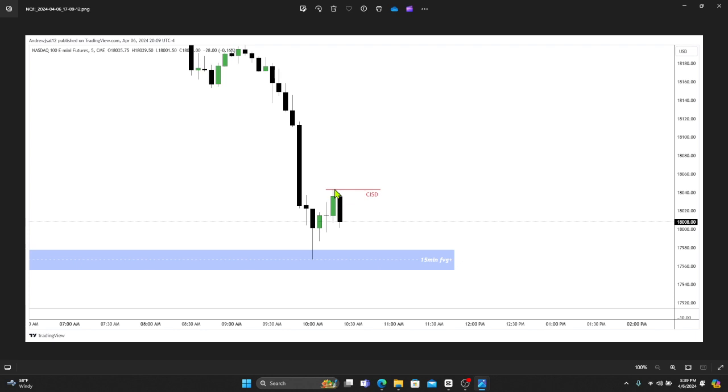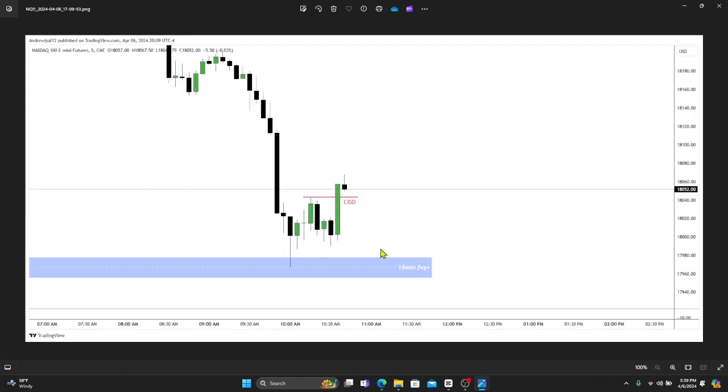This will confirm our change in the state of delivery. You can see here, the next couple candles continue to trade lower, but then at around 10:35 we have this aggressive move up, a candle body closure above that swing high. This creates your change in the state of delivery.